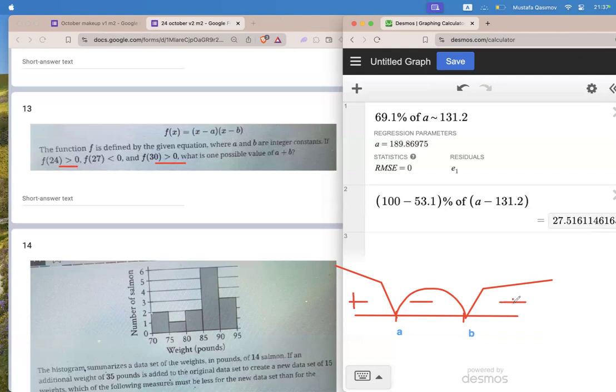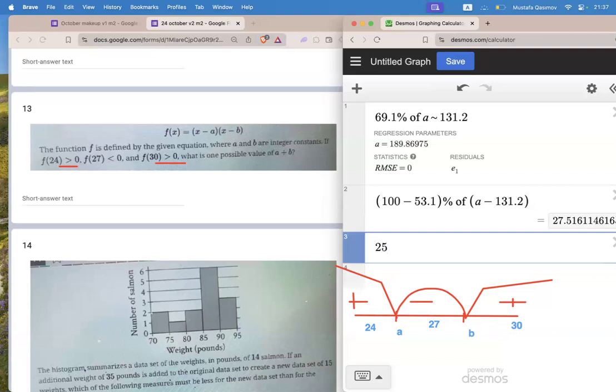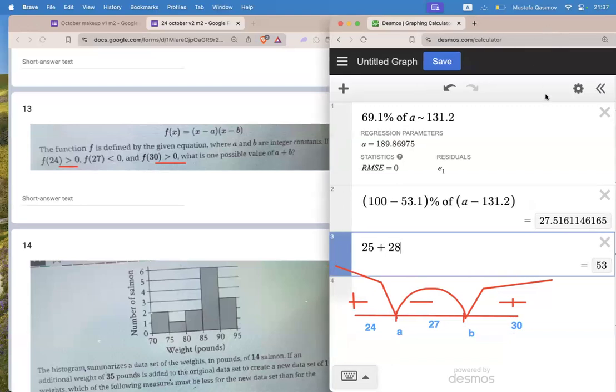And this is also positive. Because we say 24 is positive, we write 24 here, 27 here, and 30 here. So it means that A is between 24 and 27, and B is between 27 and 30. So let's say A is equal to 25 and B is equal to 28. So the answer will be 53.